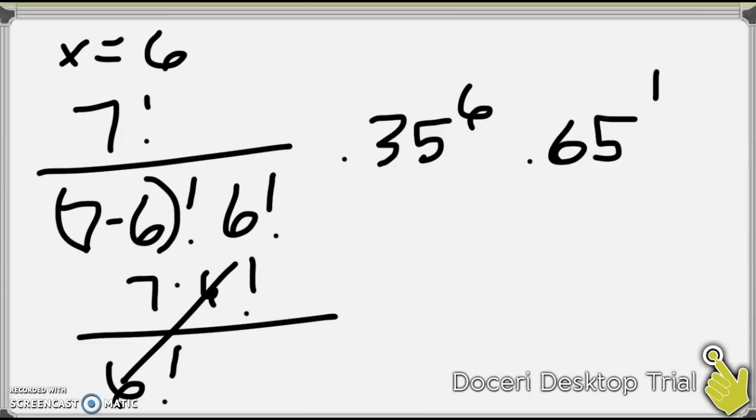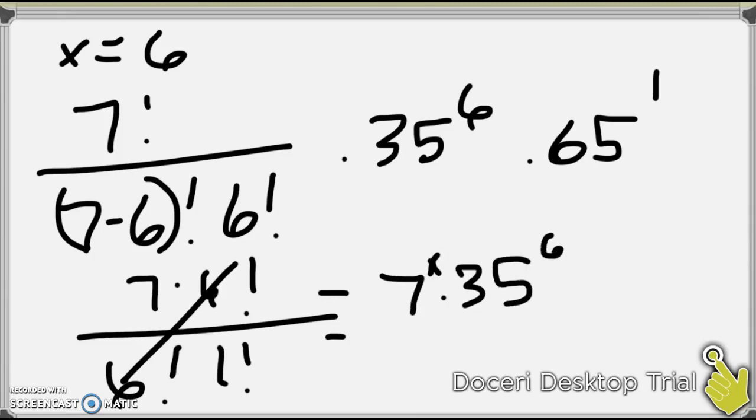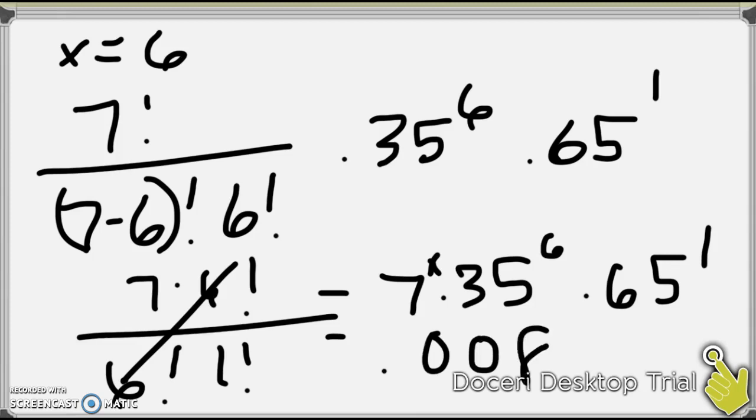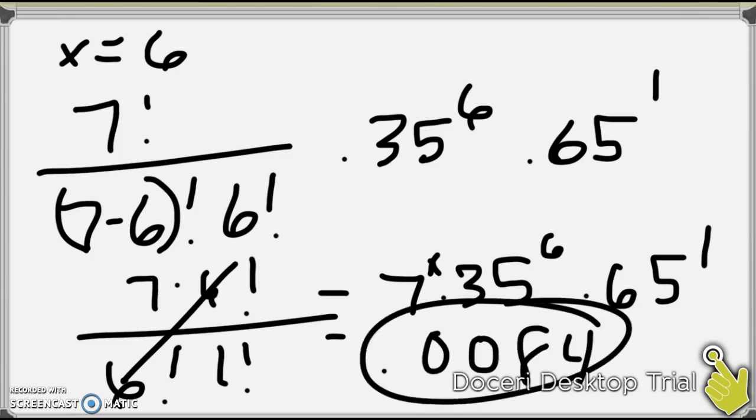And then you get 1 factorial on the bottom, which is just 1. So you end up with 7 times 0.35 to the 6th times 0.65 to the first. You end up with 0.0084. We'll add that in a minute.